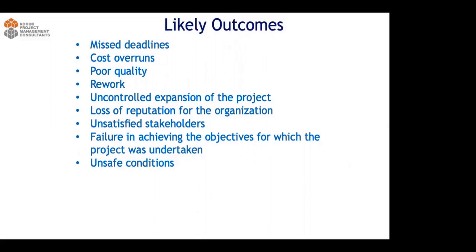Right. So these are the most likely outcomes which might occur. When you do not have proper management or a guiding authority or a person who can let you know how it has to be done and what the sequence is, you will face all these issues, maybe something more also, right?